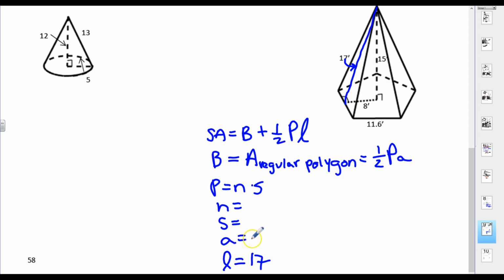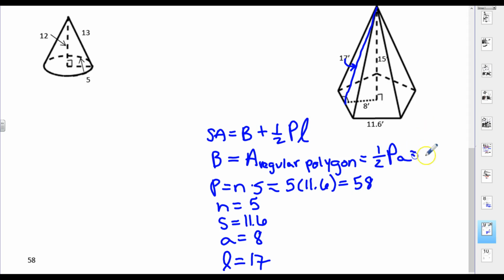I gave it to you on this. The apothem is 8. My side length is 11.6. My number of sides is 5. So working up, perimeter equals 5 times 11.6, because there are 5 sides, each at 11.6, which gets me 58 as my perimeter.